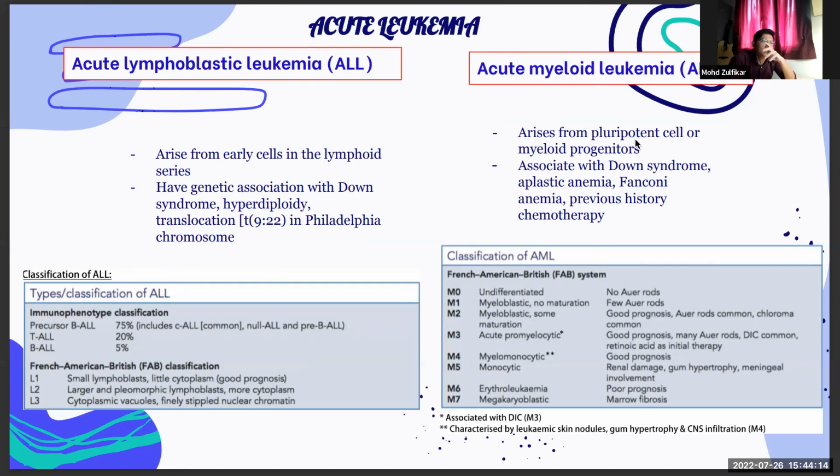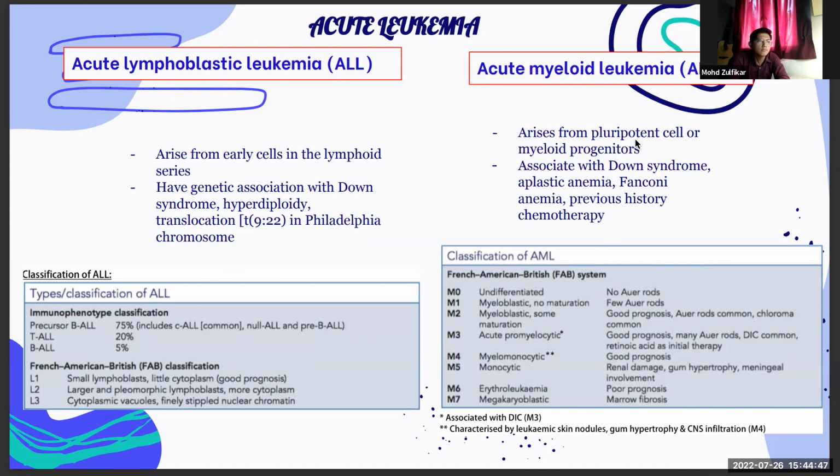Regarding the classification of ALL, it has an immunophenotype classification and the French American British, FAB, classification. Based on the immunophenotype classification, there is precursor B cell acute lymphoblastic leukemia, which is the most common one, and it is also common in Down syndrome children.